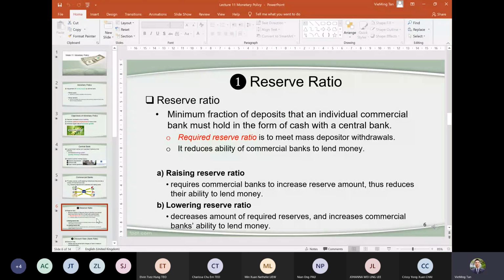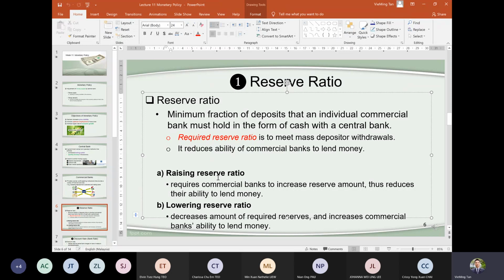So how does the reserve ratio influence the money supply? Assume that the central bank, the government, increases the reserve ratio. If it increases the reserve ratio, what is the implication? That means the commercial banks need to increase the amount of reserve cash in the central bank.